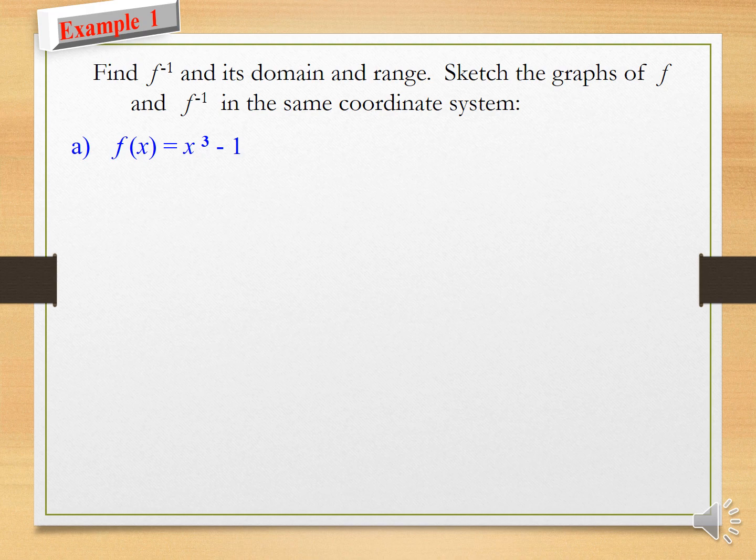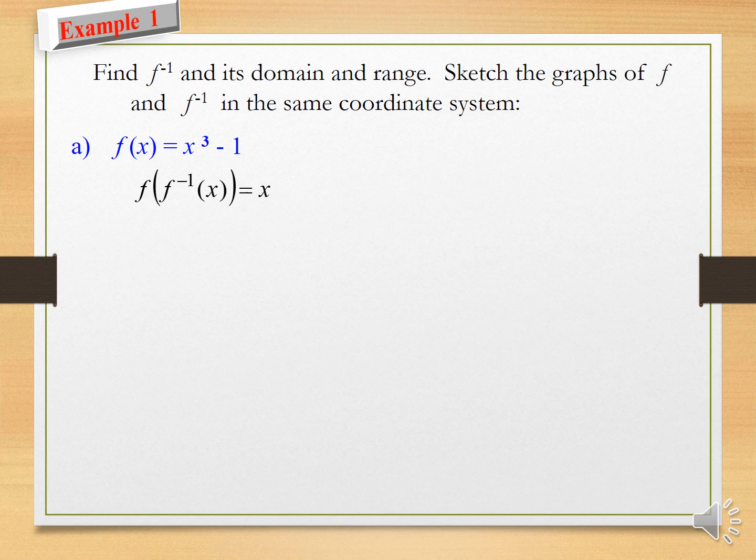Example 1. Find f inverse and its domain and range. Sketch the graph of f and f inverse in the same coordinate system. Question A, f(x) equals x cubed minus 1.